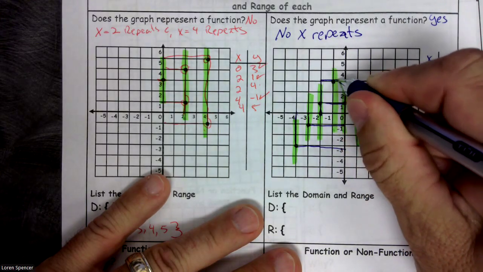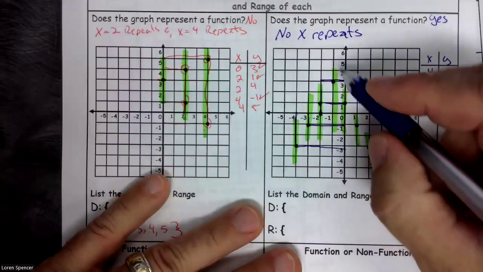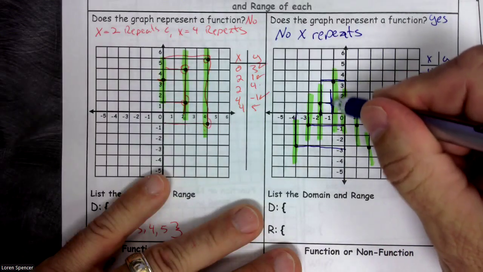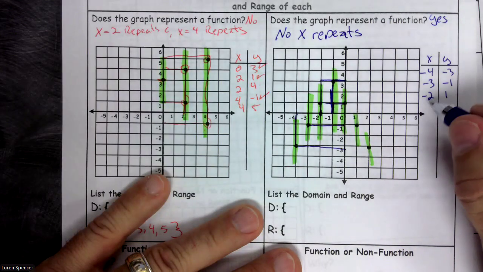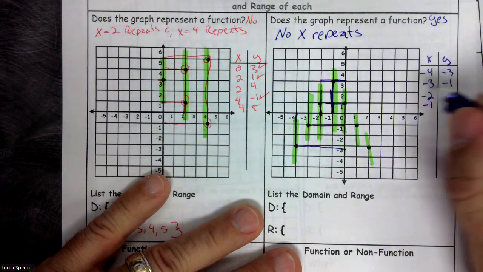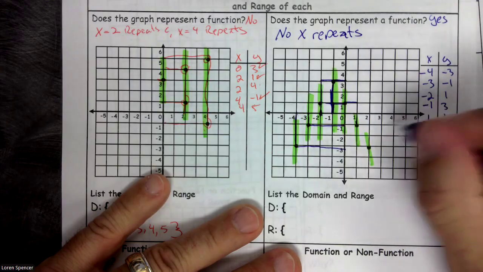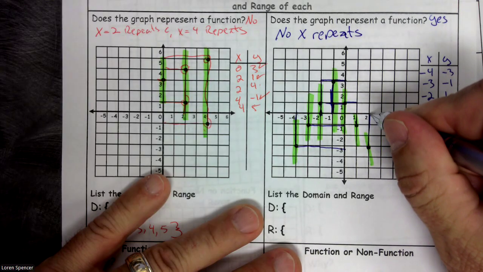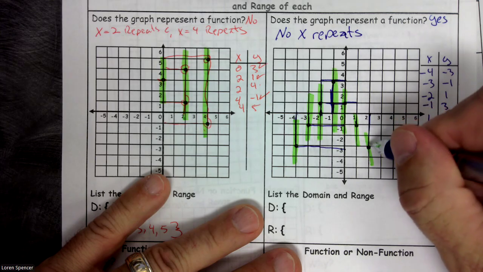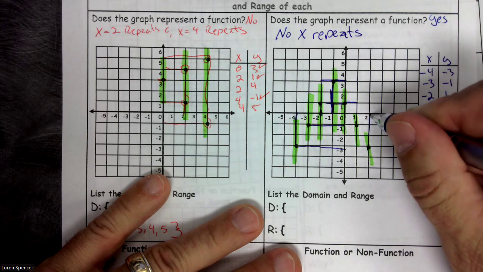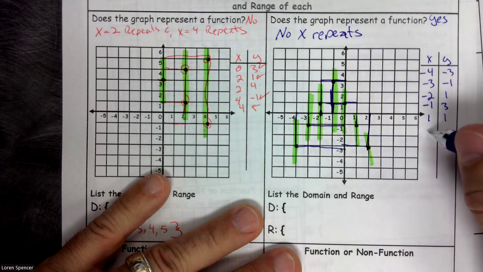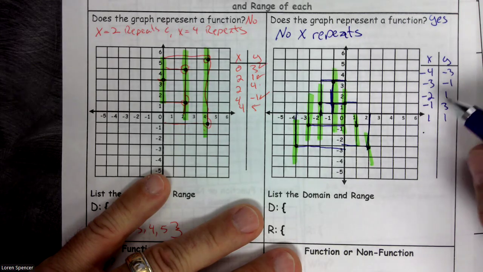And then we have, oops, drew that wrong, a -1, 3. Then we have a 1, 1. And then we also have a 2, -3.